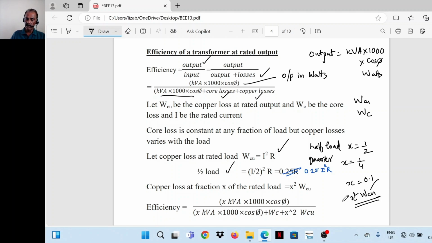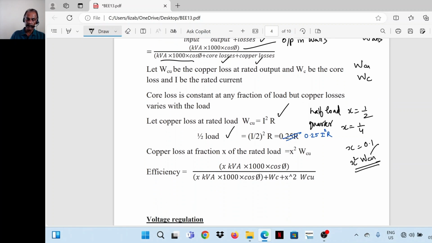So the efficiency equation can be written like this. x kVA into 1000 into cos phi, where x is the fraction of the load. If the transformer is operated at half load, x is equal to 0.5. If it is operated at 20% of the load, x is equal to 0.2, like that.